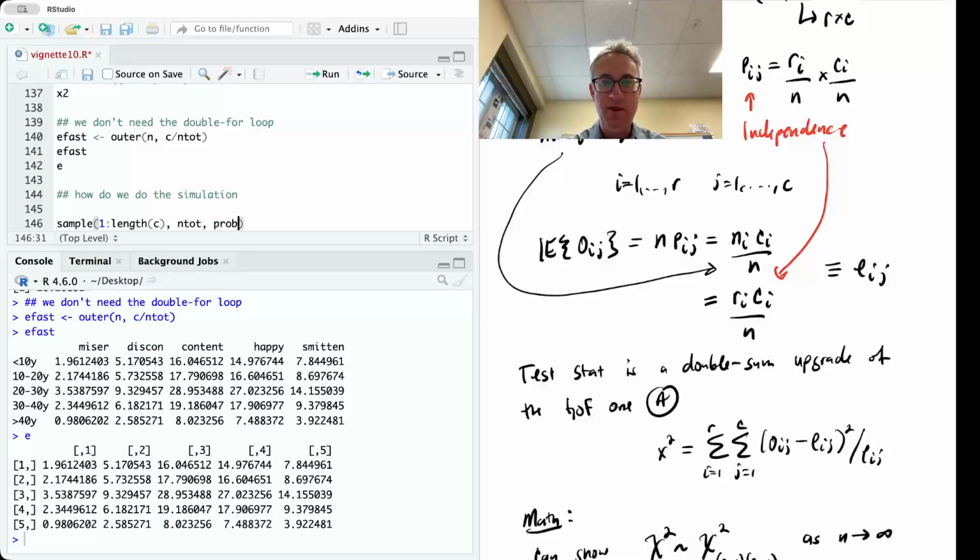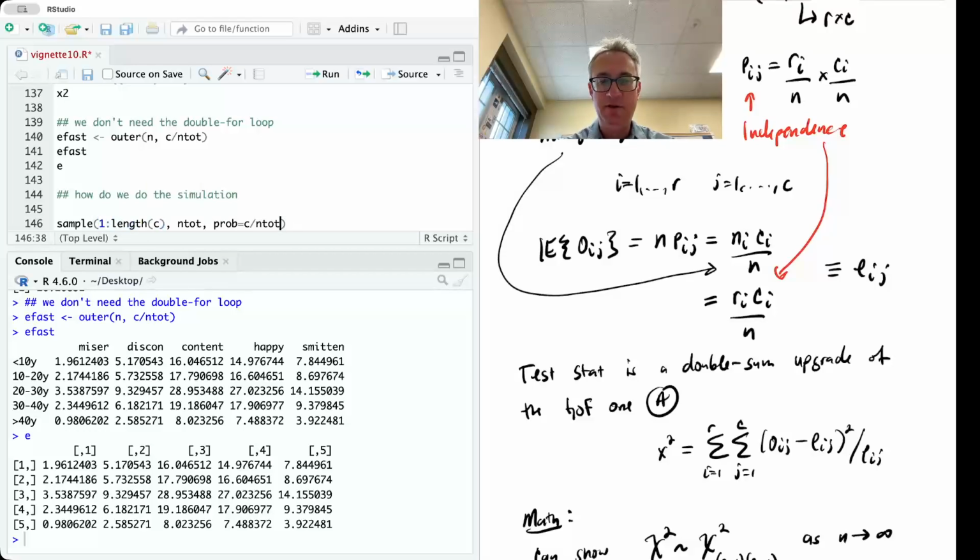The probabilities are not going to depend on the rows, so they're just going to be the column probabilities. I'm thinking about this like a multinomial. I would accumulate across the rows to get the column totals, dividing by the grand total, and then that would allow me to do a sample of the right total number in each row.